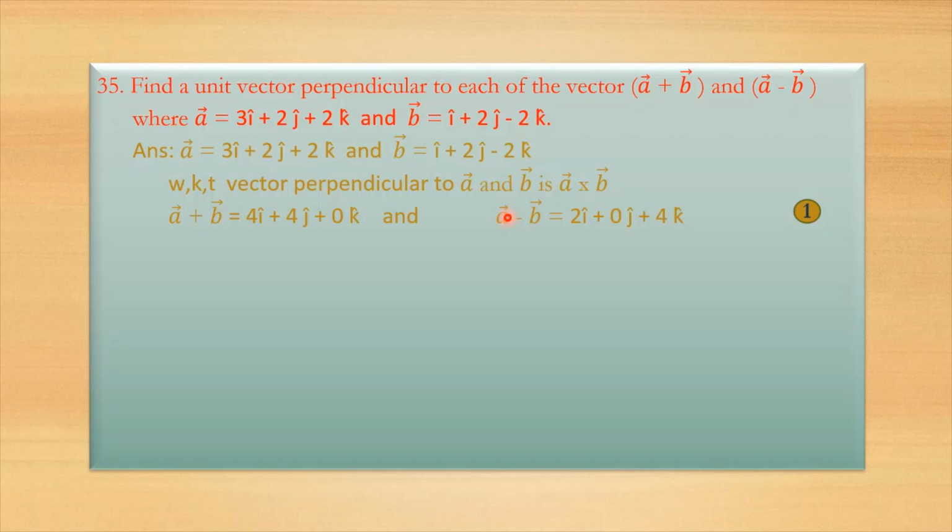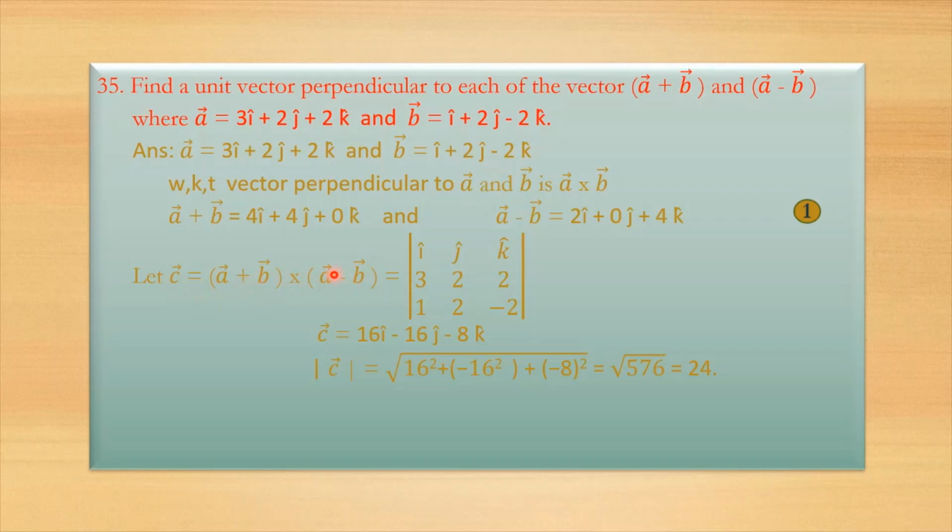I'm going to take that as a vector c, because I'm unable to write a plus b and a minus b again and again. So when I do the cross product of these both vectors, I'll get vector c as 16i minus 16j minus 8k. That means I got a new vector which is perpendicular to a plus b and a minus b. Next I need to find the unit vector. I got a vector which is perpendicular, but I need to find the unit perpendicular vector, correct?